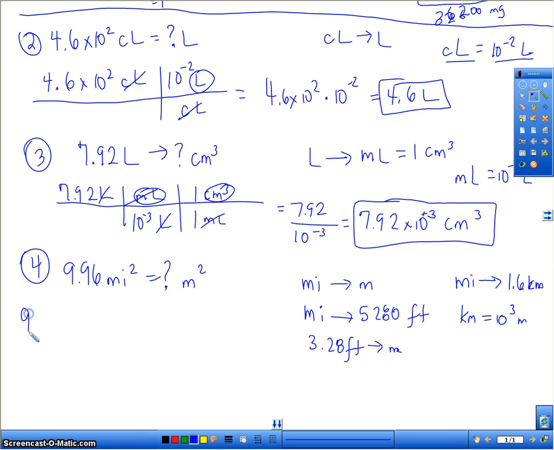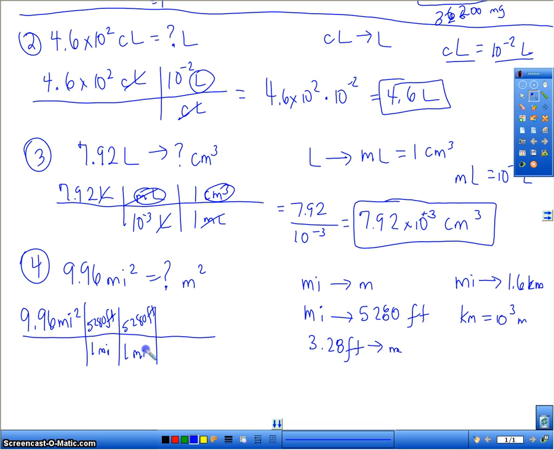So I'll start with 9.96. Now this is not just a mile, it's a mile squared. So I actually have 2 miles going on here. So everything I do, I'm going to do twice to cancel both of the miles. So I'm going to start down here with 1 mile is 5,280 feet. And I'm going to do it again. 1 mile is 5,280 feet.